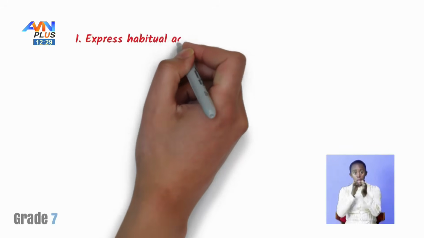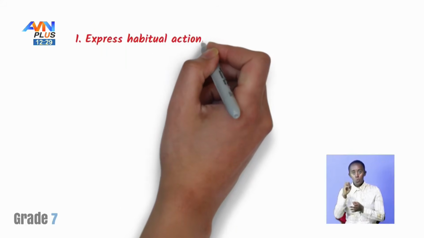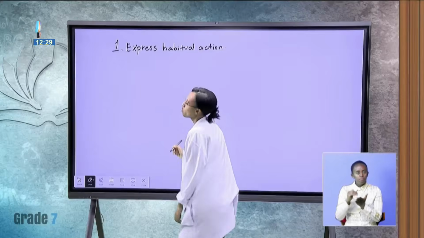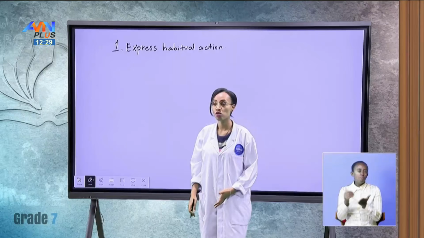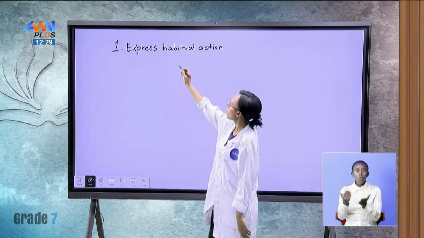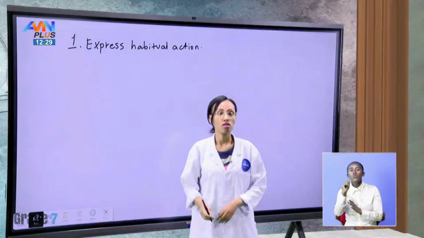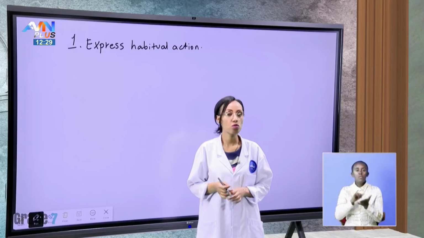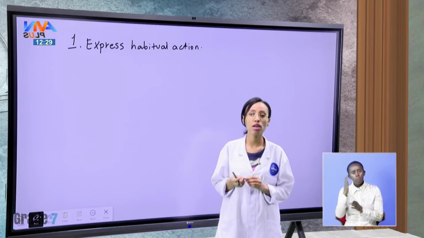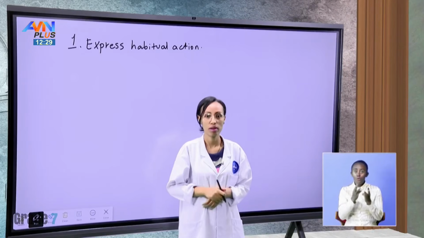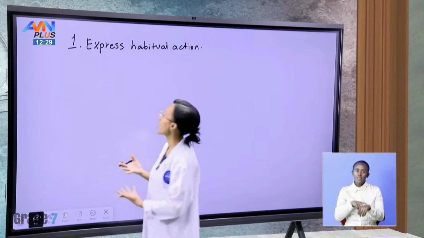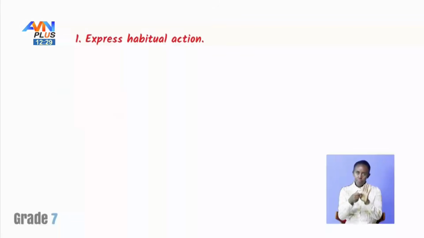Things that you do repeatedly, things that you do often, are habitual actions. So that is the first and most common way of using the simple present tense. Let's give a few more examples.